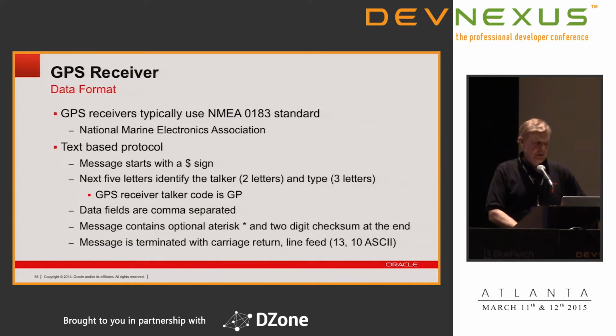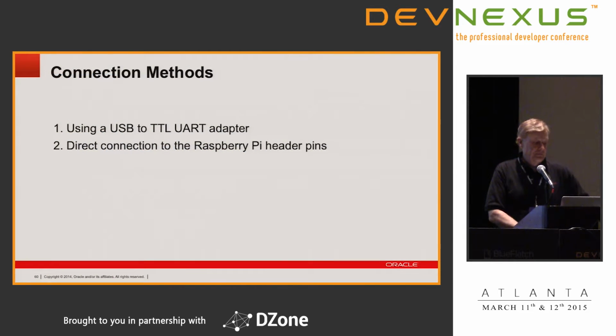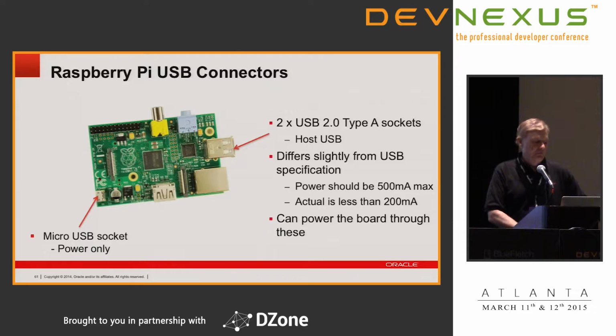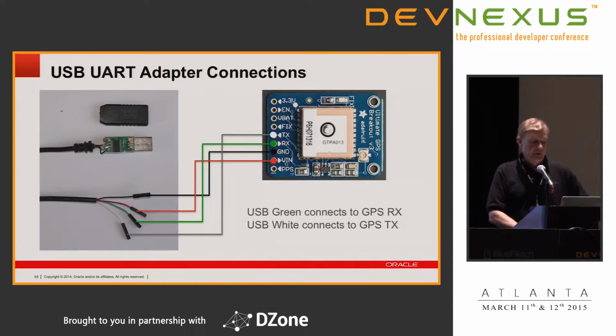And it's a text-based protocol, and you talk to the GPS board via this text-based protocol, which is UART. You can connect that one of two ways with the Pi, either through one of the USBs, or directly.